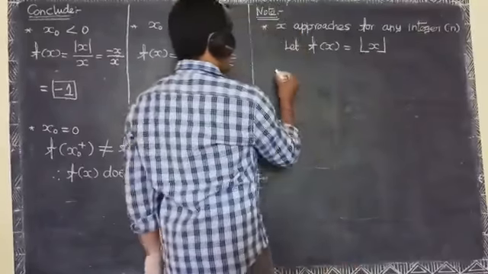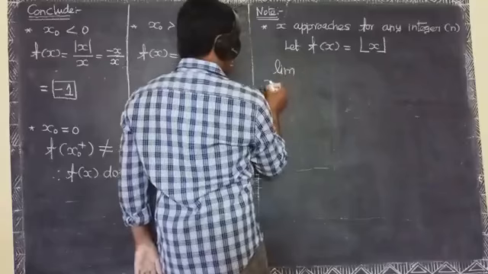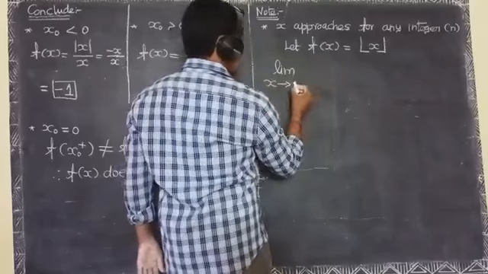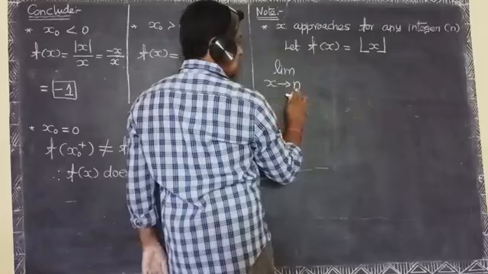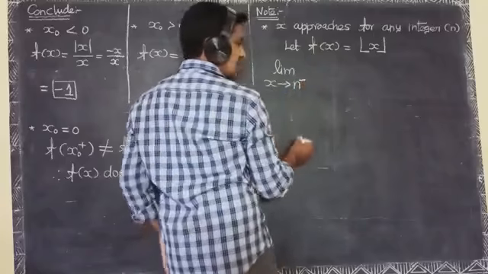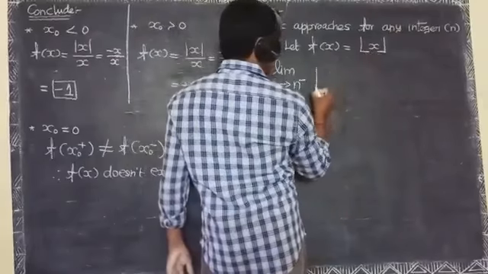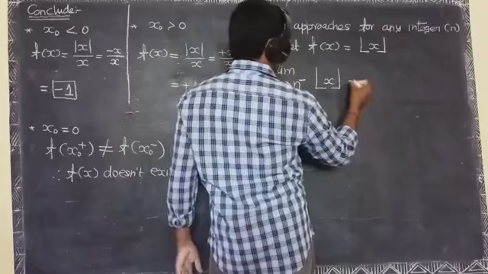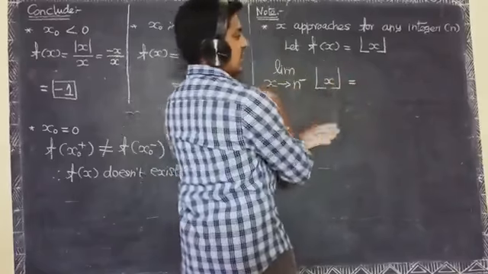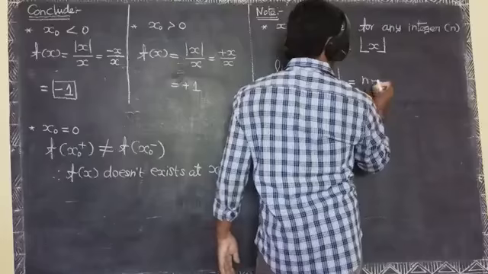Now the limit as x tends to n, that is, x approaches n from the minus side, means from the left side. From the left side, the greatest integer function takes the previous value, that is n minus 1.